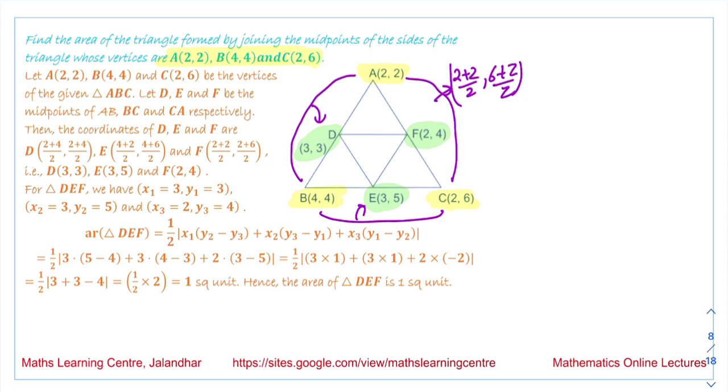We are using this formula over here, 2 plus 4 by 2 and 2 plus 4 by 2. These coordinates we will obtain. So these are the three coordinates D, E and F over here.